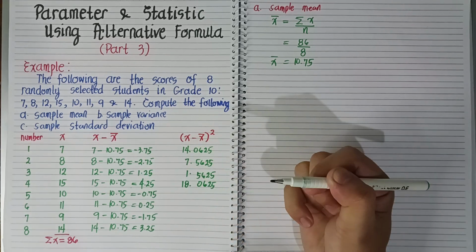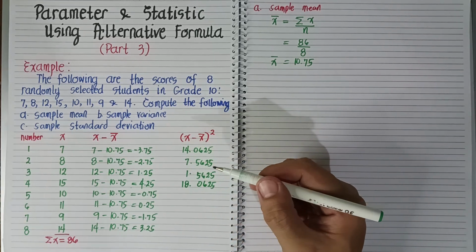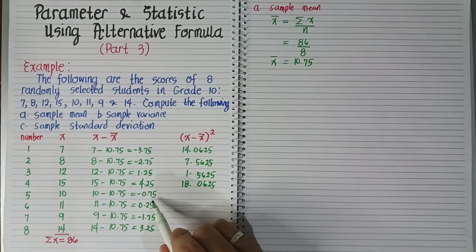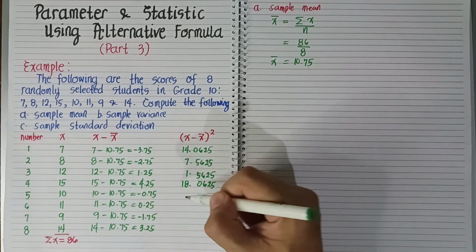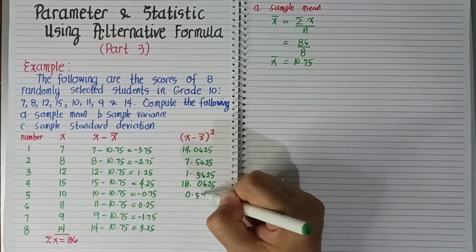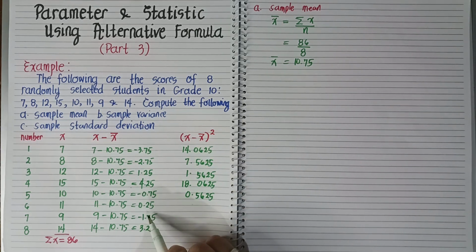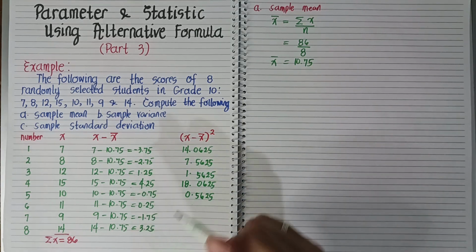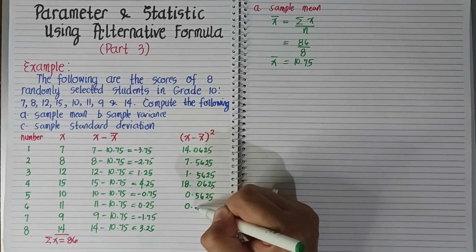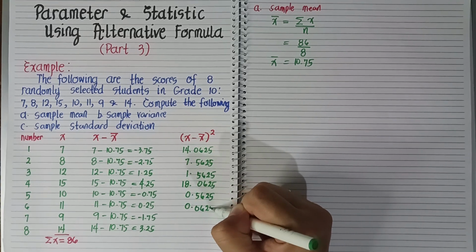18.0625. Okay? And then, so we have negative 0.75 squared, that is equal to 0.5625. And then 0.25 squared, that is equal to 0.0625.